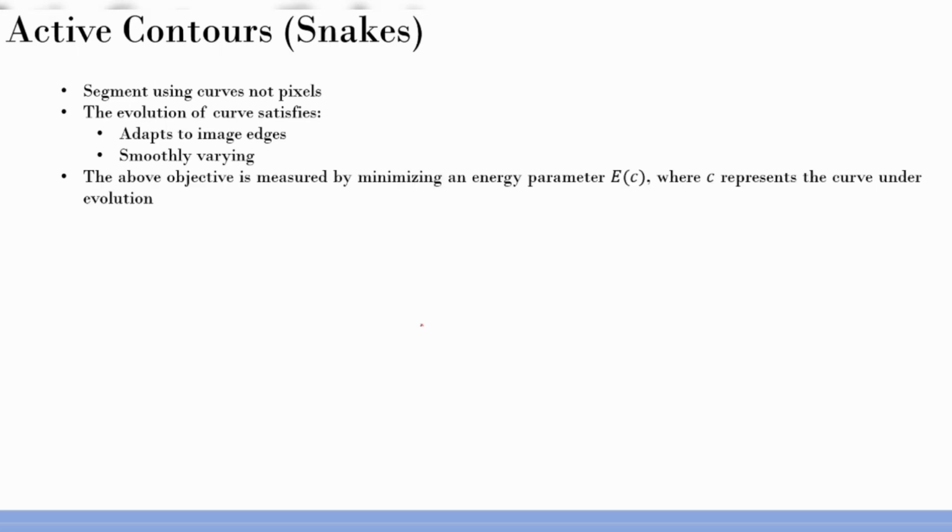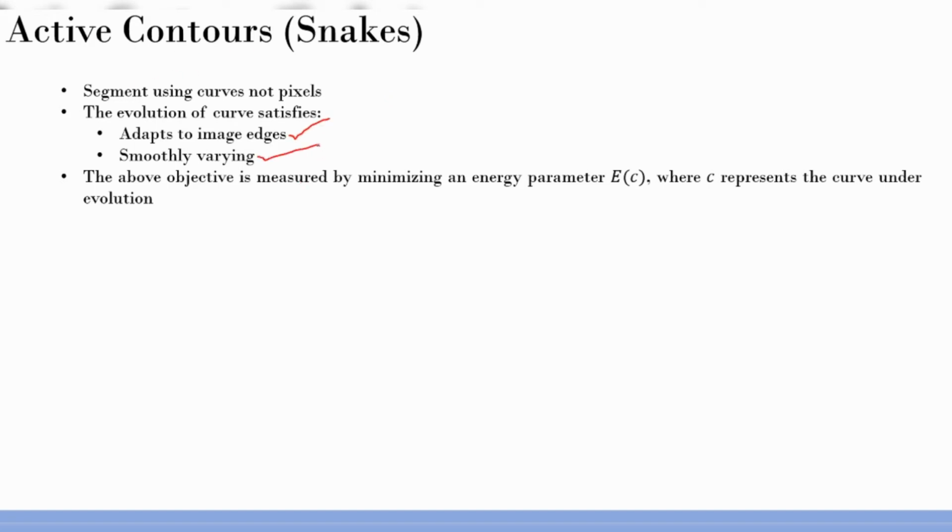And to satisfy this evolution, of course, we need to have some measure, right? We are all engineers. We are going to implement the algorithm, so we have to define certain things, and one of the aspects in active contours or snake is actually a measure of these 2 aspects. So it has to look for edges.